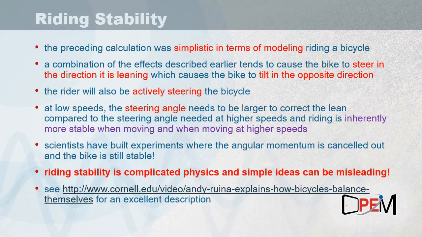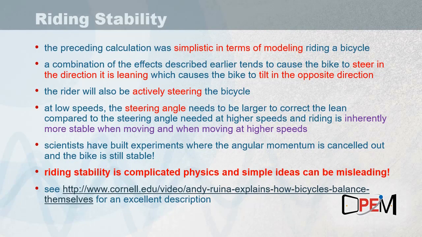Now, scientists have built experiments where they have a bicycle-like device where the angular momentum of the wheels is canceled out by wheels of the same rotational inertia and angular speed, but rotating in opposite directions. And they find that this has not very much effect on the overall stability of a bike, whether it's got a rider on it or is riderless.